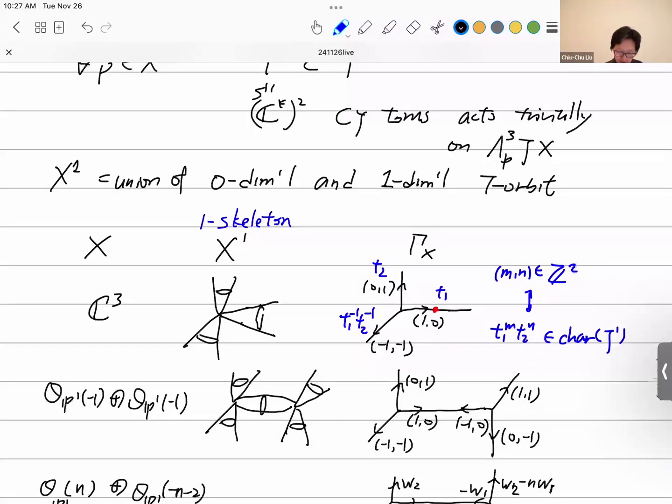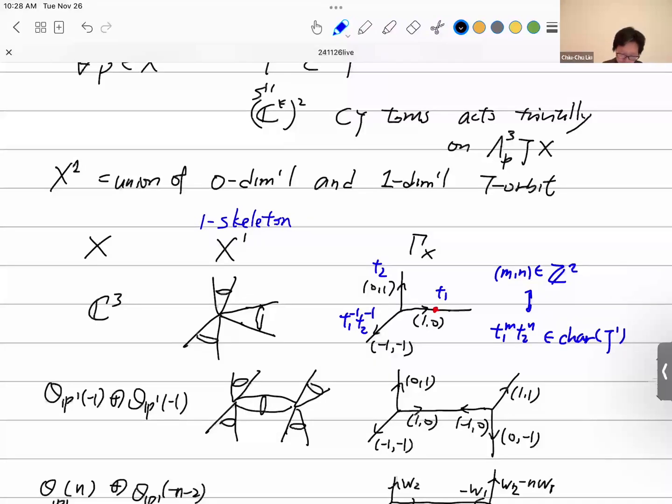So now we have another torus fixed point, and the tangent weights at the other point are T1 inverse, T2 inverse, and T1 T2.